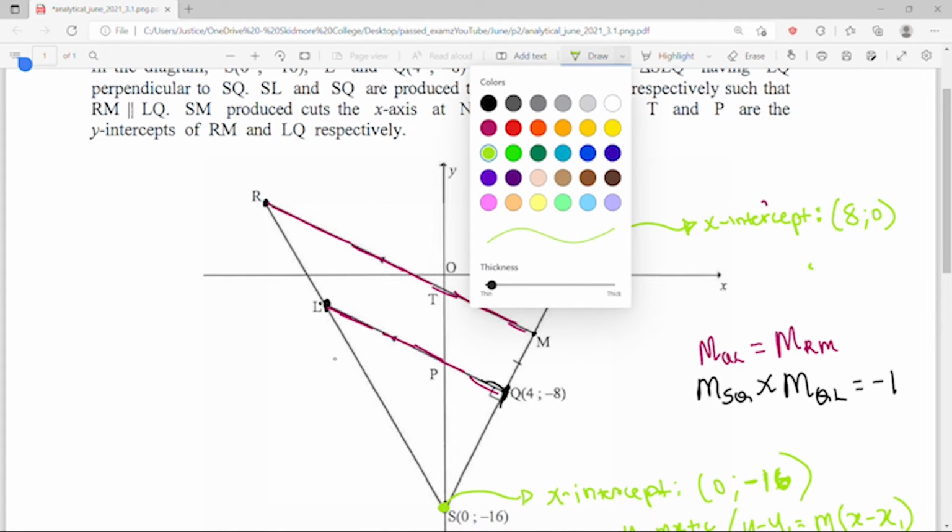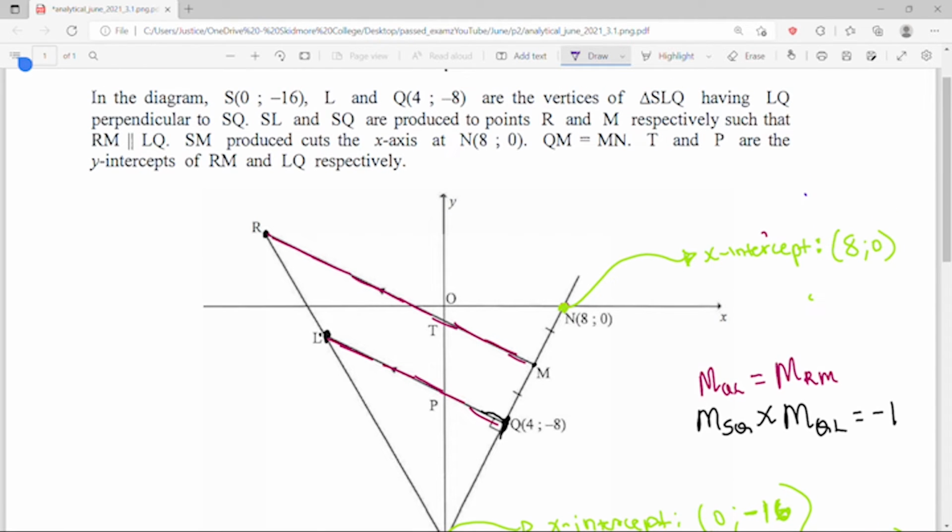And then the last pieces of details are QM = MN, right? QM, this line here, is equal to this line. And already you know that, okay, what are we going to call this M here? It's going to be our midpoint of QN, right?